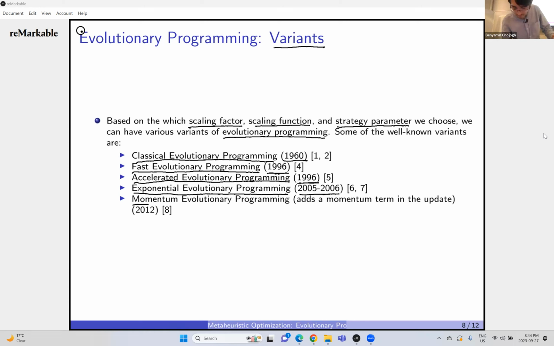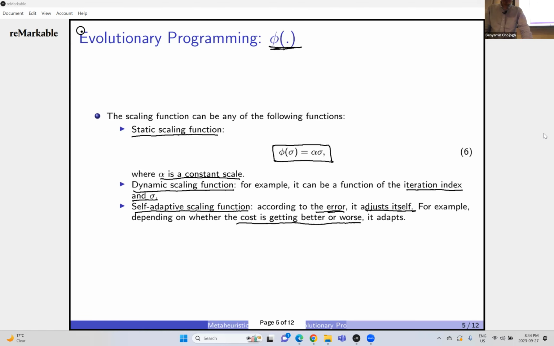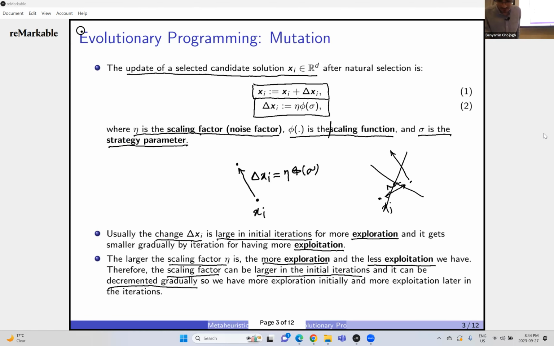Momentum evolutionary programming was proposed in 2012. Can you guess what it is doing? It has a momentum term too, right? Do you remember the momentum term in PSO, particle swarm optimization? If we use a momentum term with evolutionary programming, with the update that we had, this was the update.